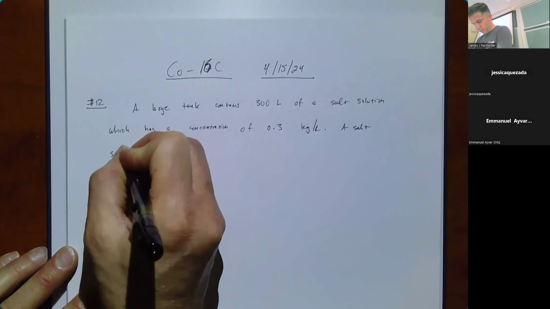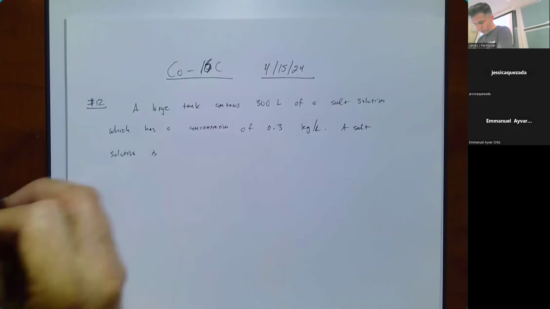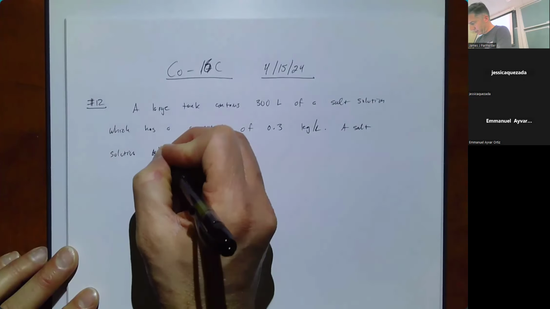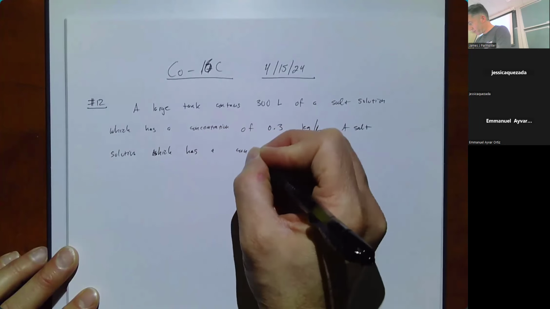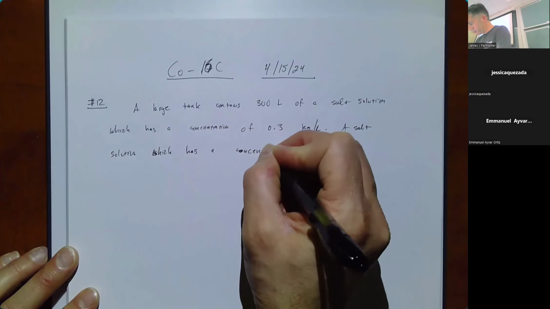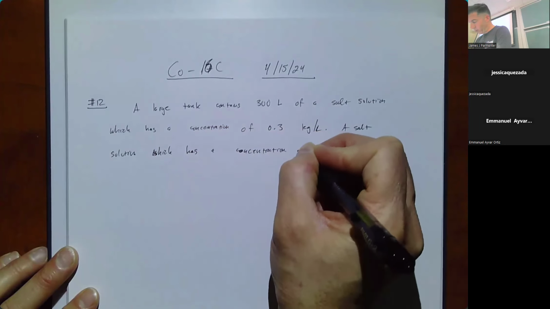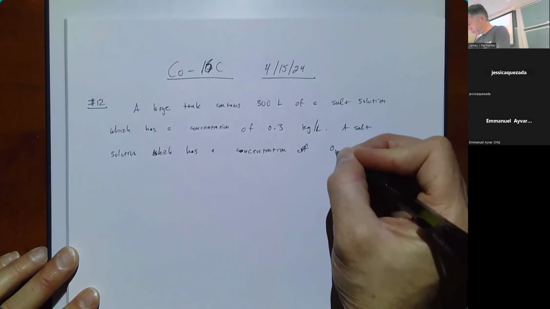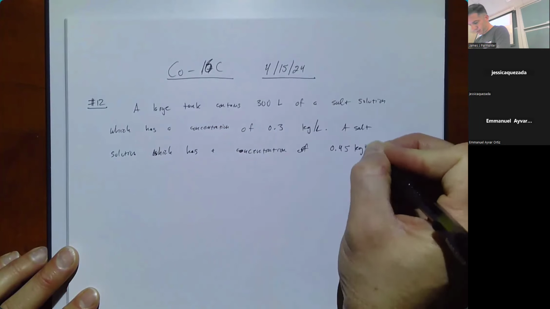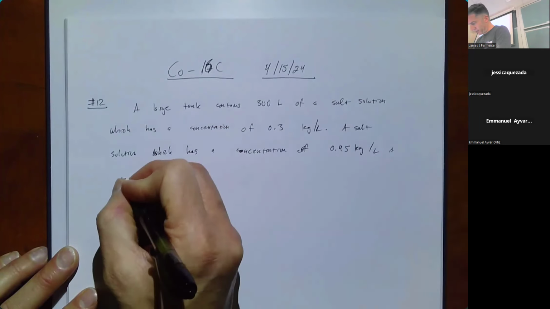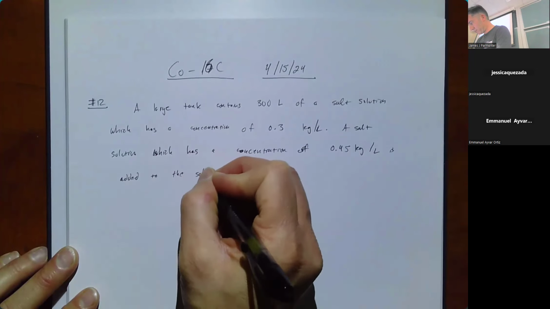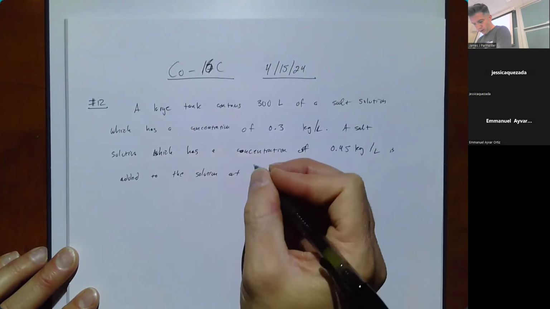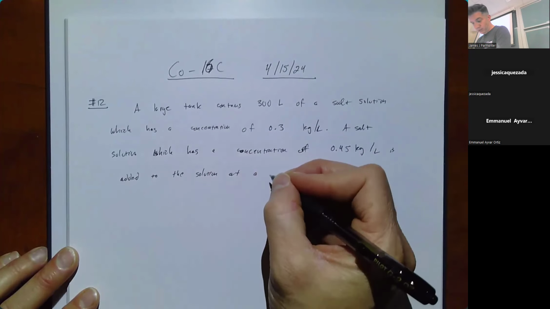A salt solution which has a concentration of 0.45 kilograms per liter is added to the solution at a rate of 60 liters per minute.